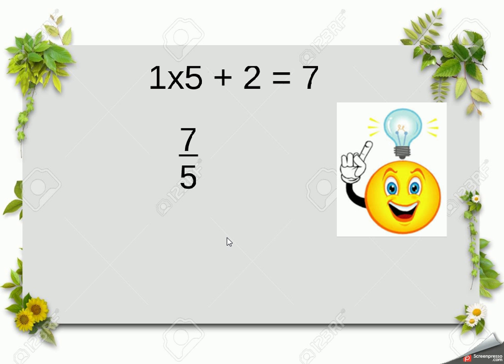Now we can get the reciprocal, because we have an improper fraction rather than a mixed number, and all we've got to do is flip it upside down: 5/7. So there's my answer. When I had a mixed fraction, I turned it into a top-heavy fraction first, and then I flipped it to find the reciprocal.